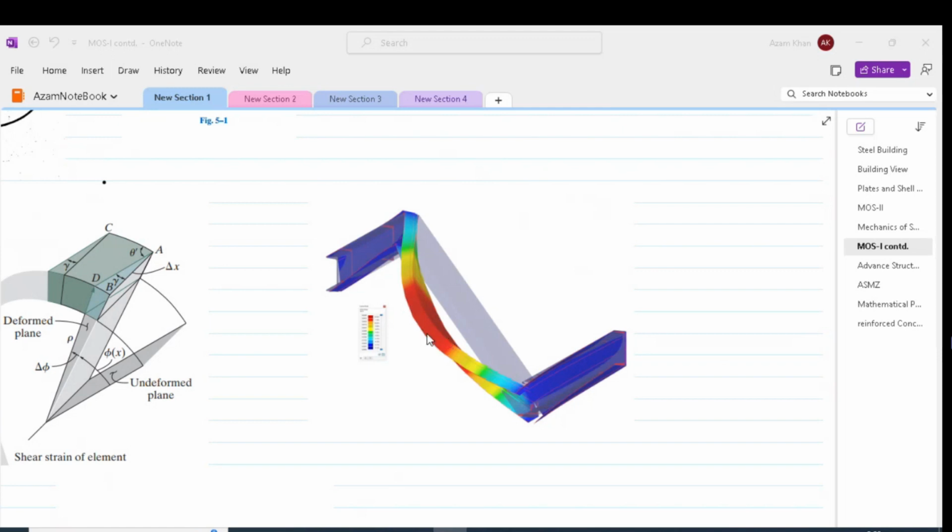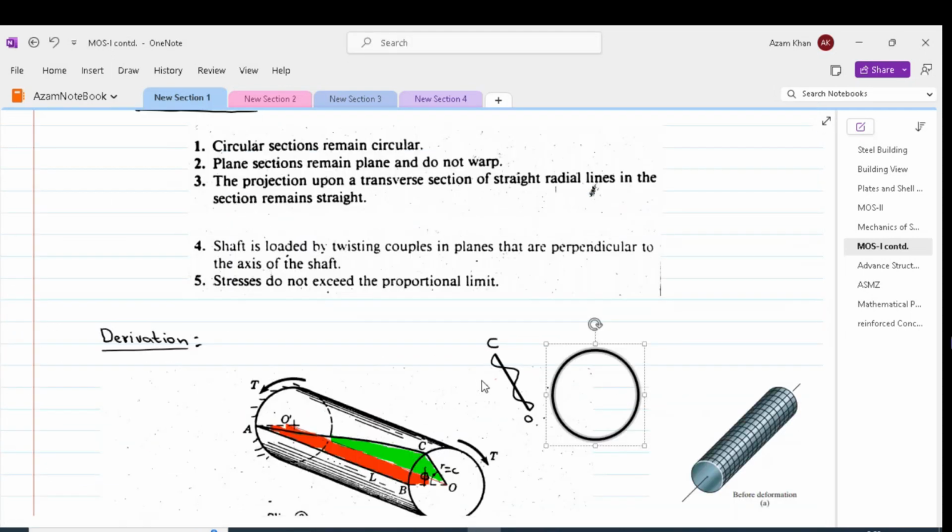We can see that the top flange has moved forward, and there is a reflection of this bottom flange which would have moved backwards. That deformity in our derivation is not allowed. So in our circular shaft, we are saying that the circular cross section will stay as circular and there won't be any out of plane deformation of the circular cross section.